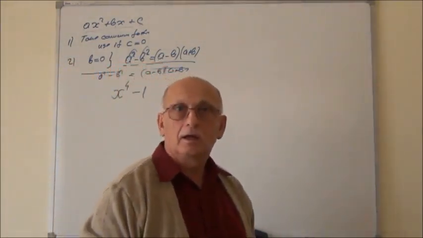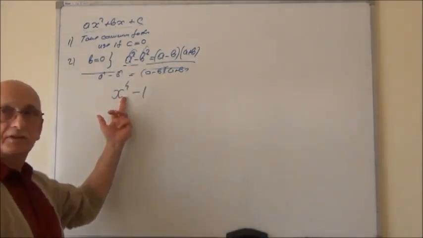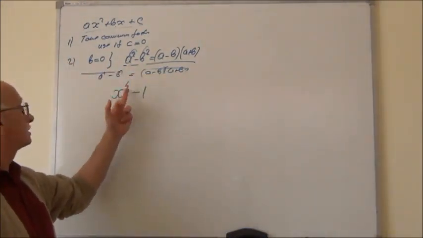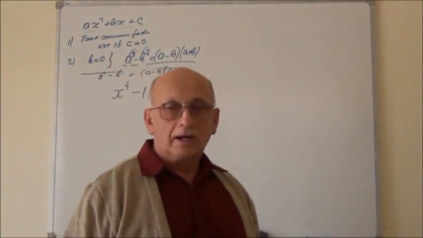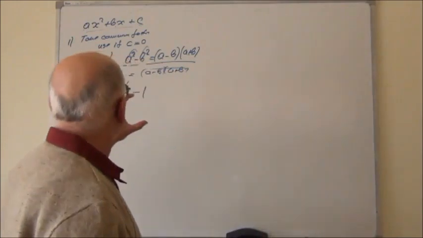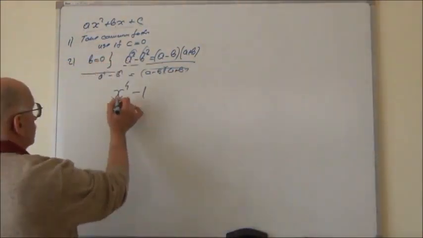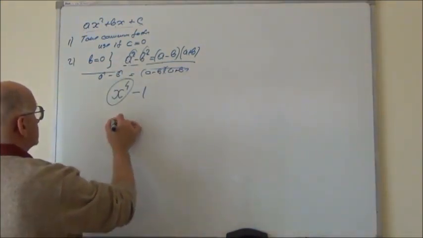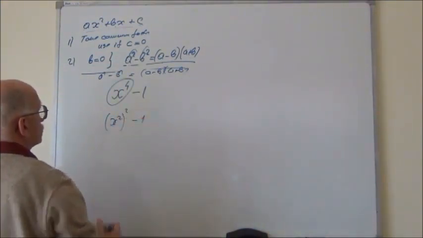It's true, this is not quadratic, looking like that, it is an expression with power of 4. But we can apply knowledge from quadratic to solve it, because we can change this, writing (x squared) to the power 2 minus 1.